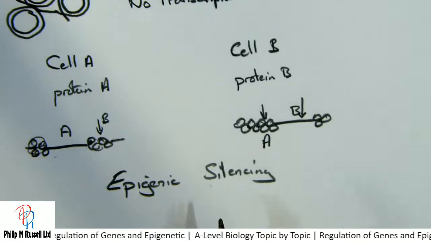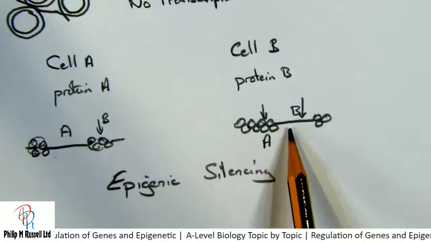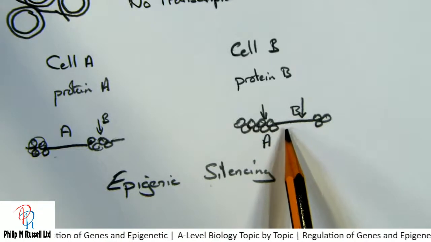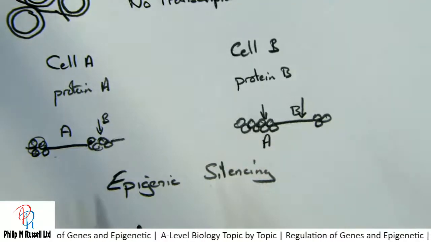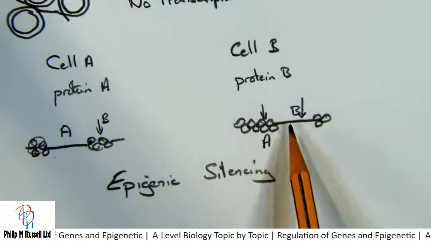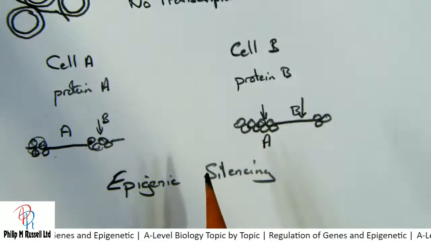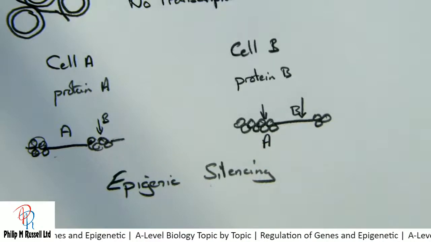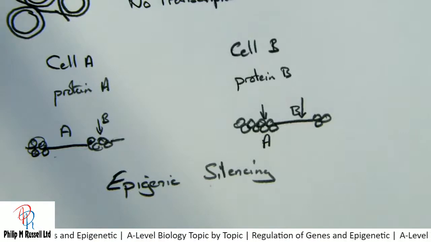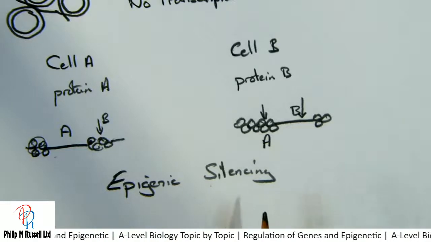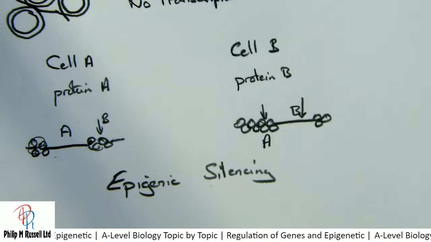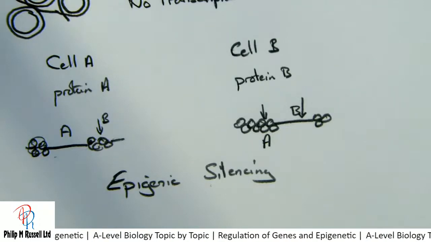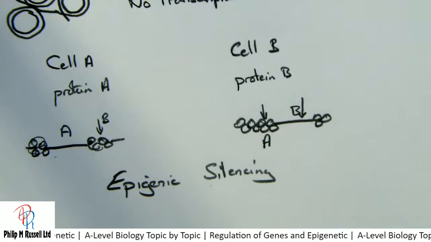By contrast, if it's unwrapped, then the DNA is exposed and it can easily be transcribed. Therefore, it's switched on. We know that DNA code is fixed. The epigenome, however, is flexible. And so we have cells that can do particular jobs.